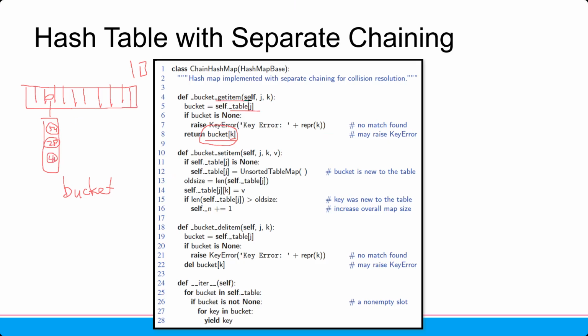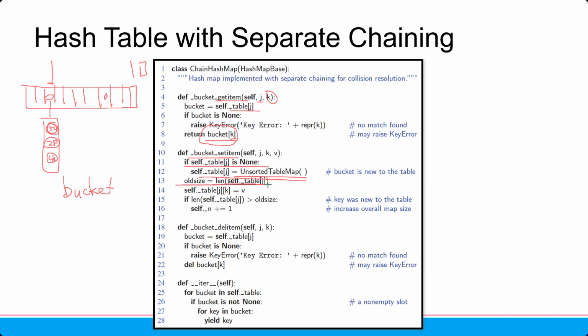So if I want to get the item, then I can just call J. J is this position of the array, and K is the integer key value. If I want to set the item, I need to check whether the table is none. If the table here is none, then I will make a new bucket, a new possible bucket, using the table map.